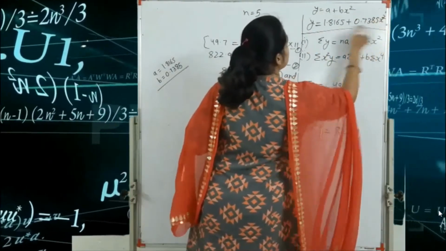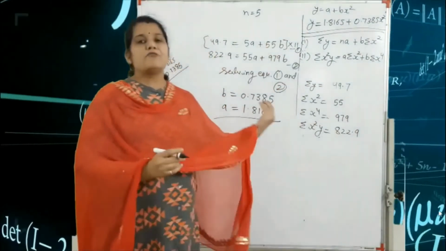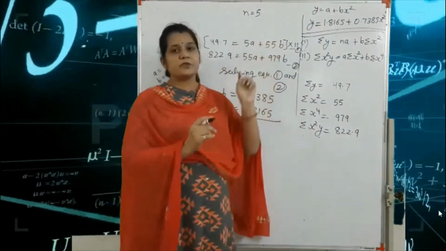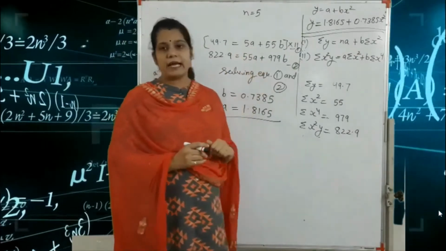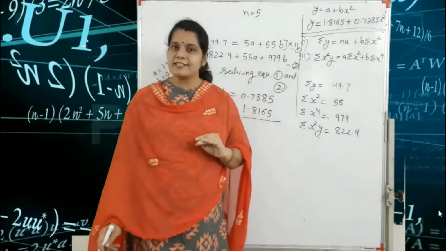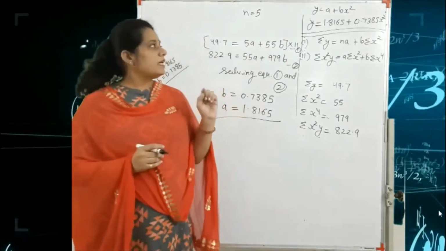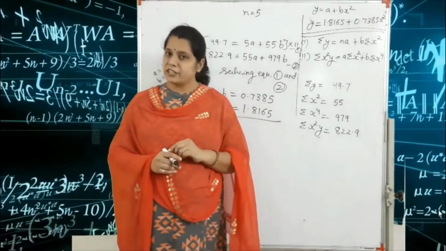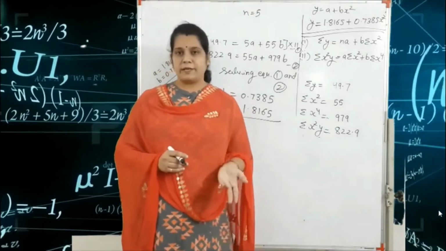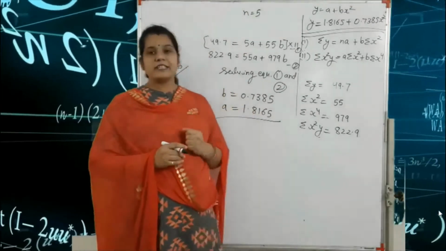So this is our final answer for the fitted curve to the data. That means here we put in the values of A and B and we get the final answer y is equal to 1.8165 plus 0.7385 x square.